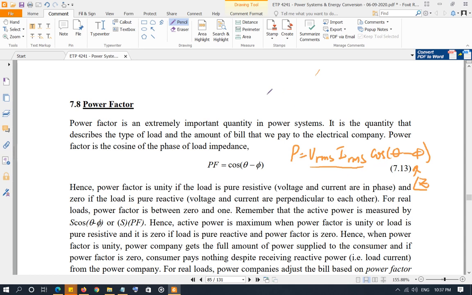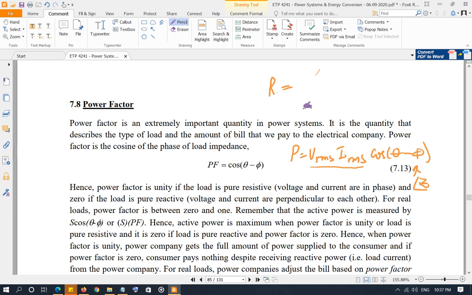So assume, for example, that your resistance is 100 ohms and your reactance is 0. Then the power factor will be 1, and your active power will be maximum.